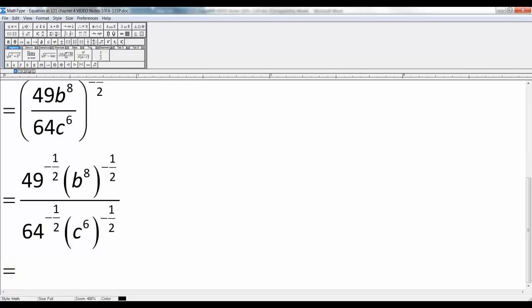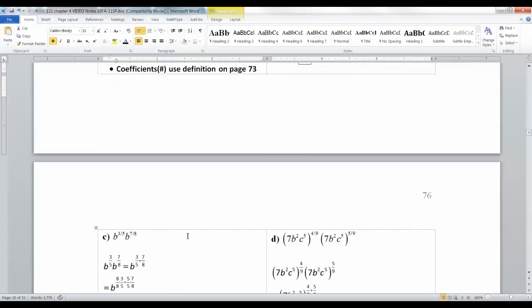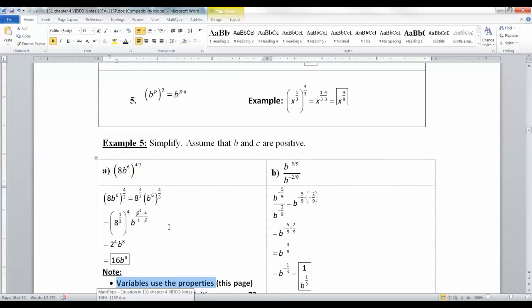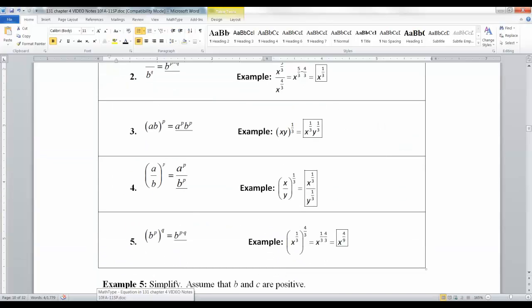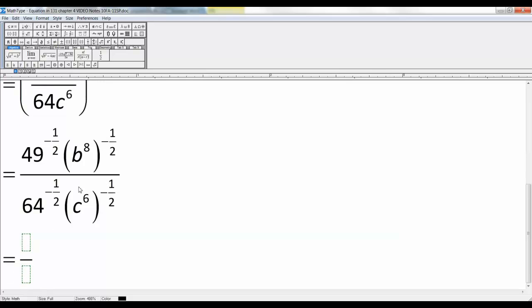All right. Well, remember, I made a note of it before, but I'll say it again. The variables use those properties, which actually makes them kind of easier in this particular problem. So all I have to do is multiply, right? So I'm going to take 8 times negative 1/2. And while I'm on the subject, anything with a negative power like that, well, you know what?